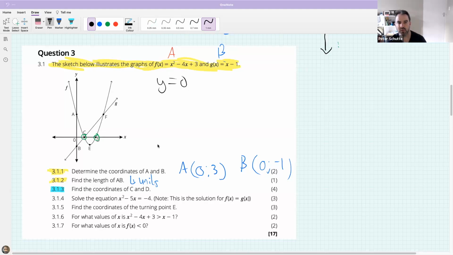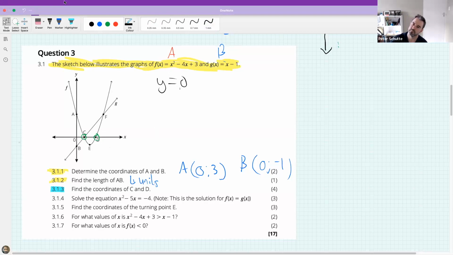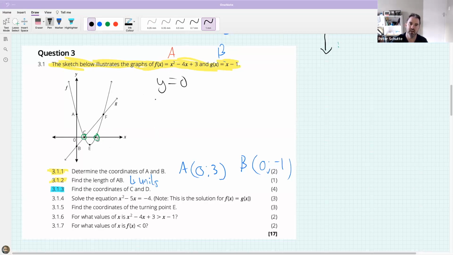Should I work with f or should I work with g? Yeah, so we should work with f because that's what C and D are on. And so you are going to have to solve that equation to find the coordinates of C and D.